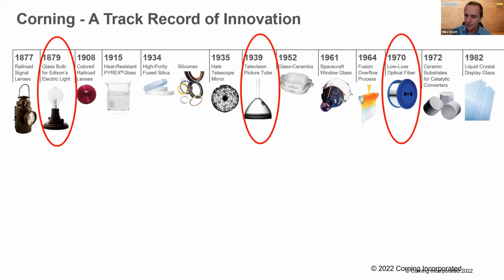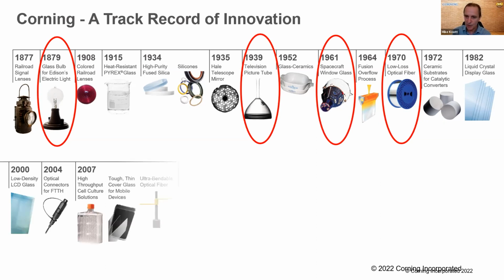Corning didn't invent fiber optics, but they did invent a way to make fiber with an optical clarity and loss low enough to make it a practical realization in telecommunications networks. And one kind of highlight is when Neil Armstrong skillfully glided his lunar module onto the lunar surface in 1969. He was looking through a Corning window when he did that.